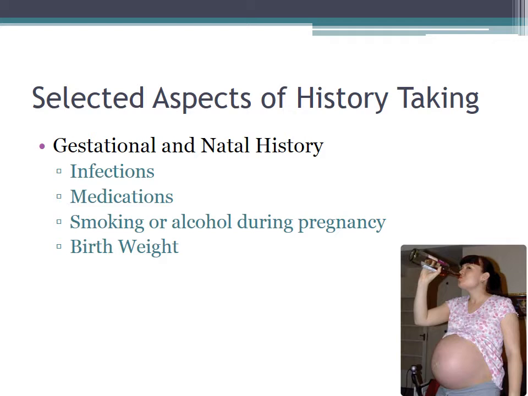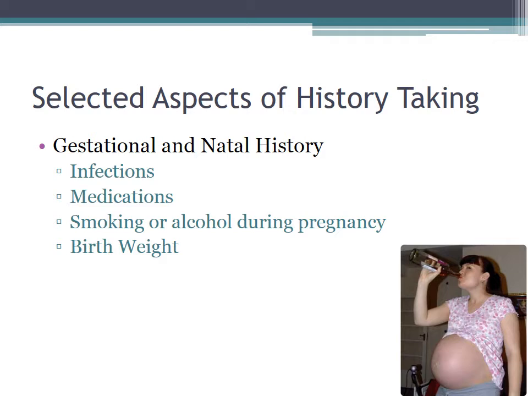We should know that maternal lupus is associated with congenital heart block in offspring, and it's important to also know about birth weight. If an infant is small for gestational age, it can indicate intrauterine infections, rubella, those types of things. But particularly important is in infants with a high birth weight, there's an association with transposition.